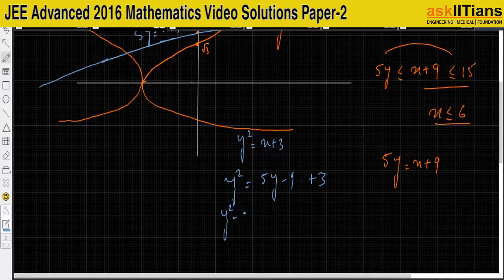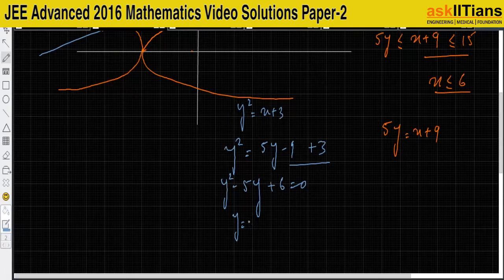So y square minus 5y plus 6 equals 0, so I'll get y equal to 2 and 3. There will be two values of y, that's 2 and 3.